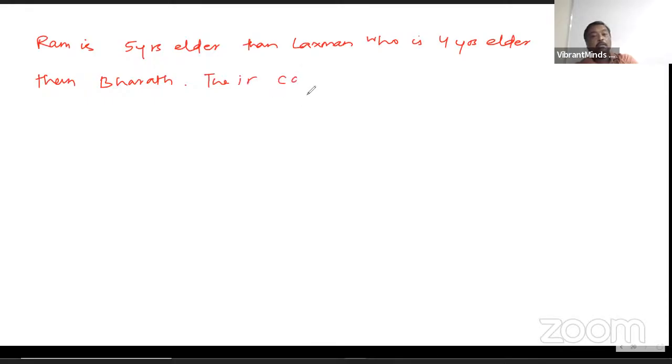Their combined age is 61. Find Lakshman's age.